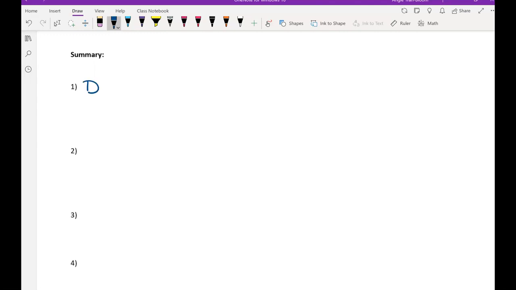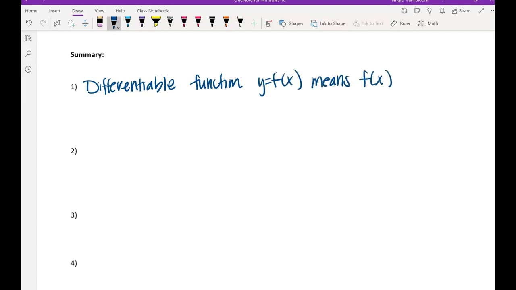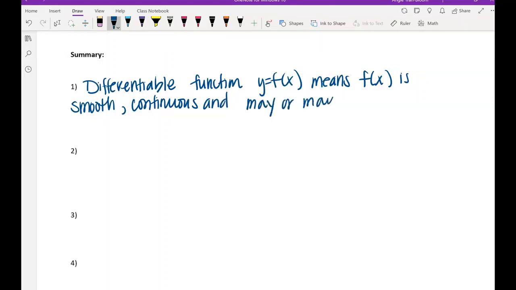Number 1, a differentiable function, let's call it y equals f of x, means f of x is smooth and continuous, and may or may not have an increasing or decreasing interval.